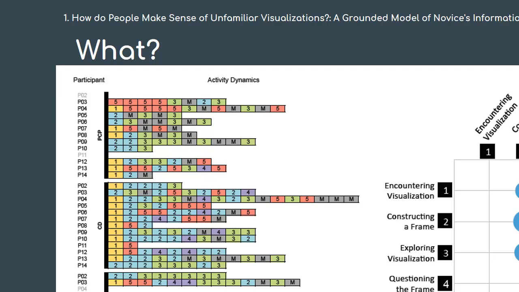This figure shows the transition between activities. The row represents the launching activities, and the column here represents the arrival activities. So you can see there are many mutual transitions between constructing a frame and exploring visualizations here.